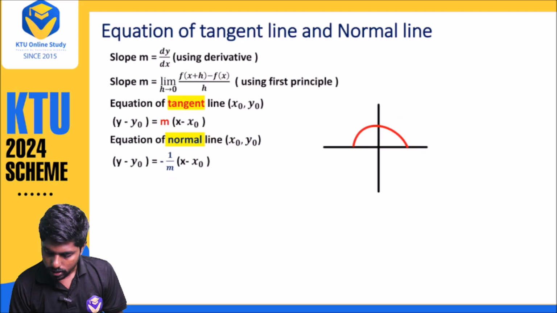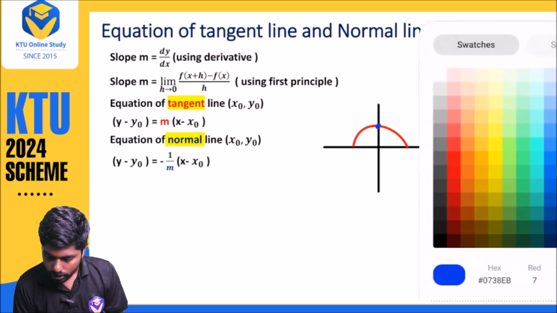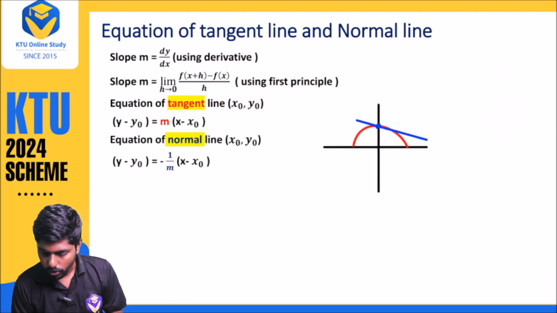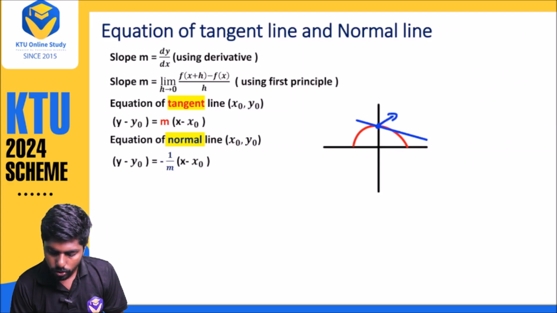Here is a point. If a straight line touches this point, we call this straight line a tangent line. This is called the tangent line.